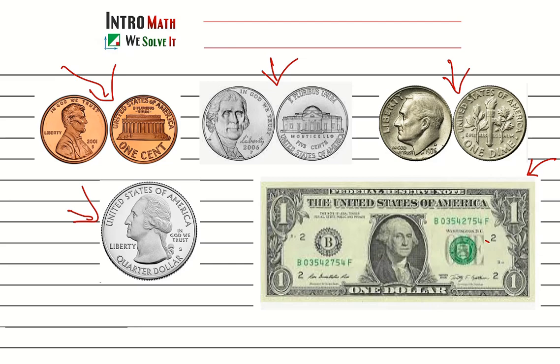This is how they designed the American currency, to make it easier to use during transactions. So they put it in 1 cent, 5 cents, 10 cents, 25 cents, and then $1, which is 100 cents, right?